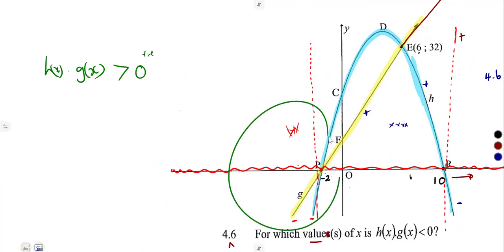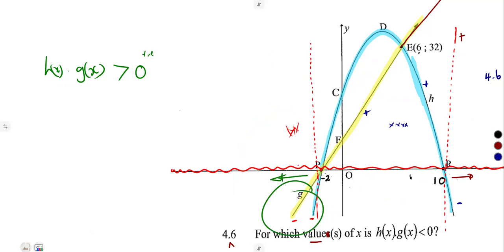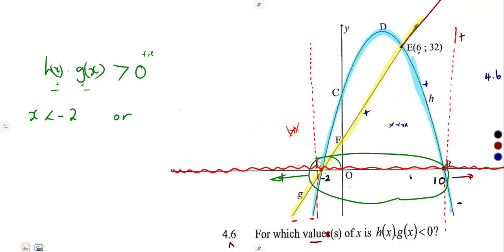It means these regions that we said do not satisfy before are going to satisfy this one. Which regions are we talking about? These values less than -2, where both are negative, because it's either both are negative or both are positive. So it is happening for values less than -2, or in between -2 and 10.